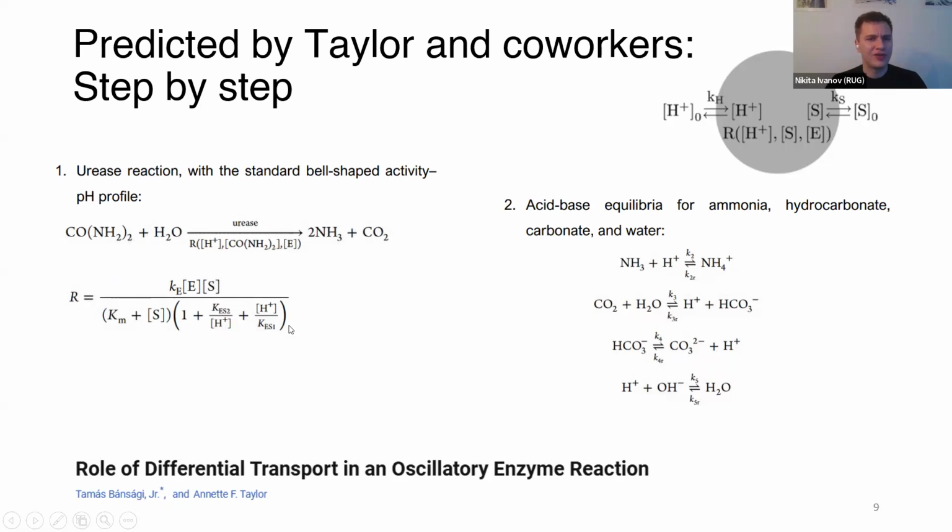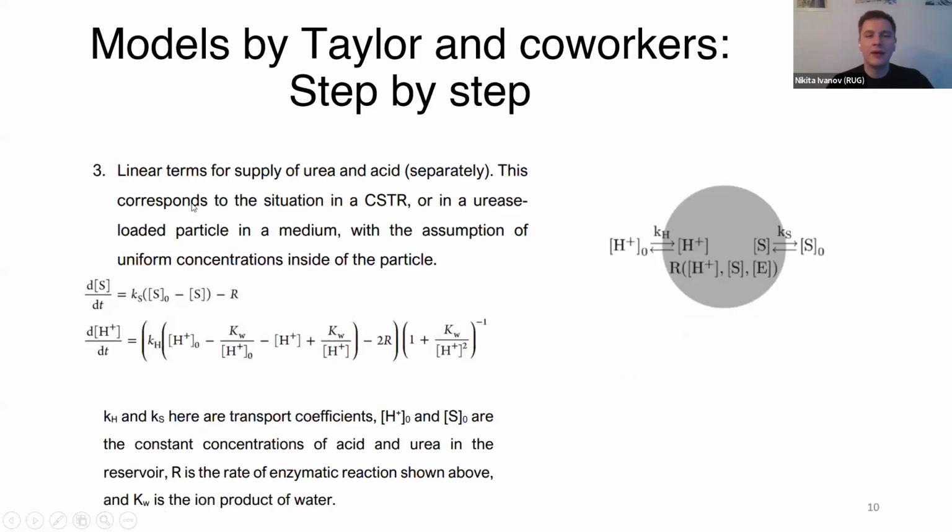Again, the reaction equation is just repeated together with the rate equation here. What these models also take into account are the acid-base equilibria for ammonia, hydrocarbonate, carbonate, and water. Basically, they characterize how the production of ammonia influences the pH in the system, and thereby, by these terms, they influence back the activity of urease.